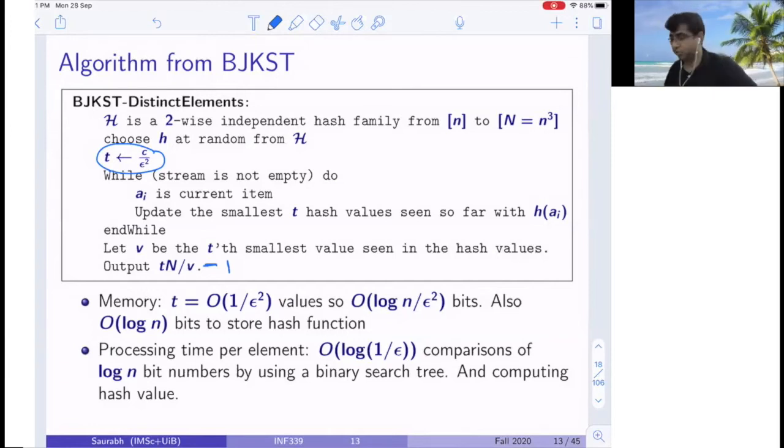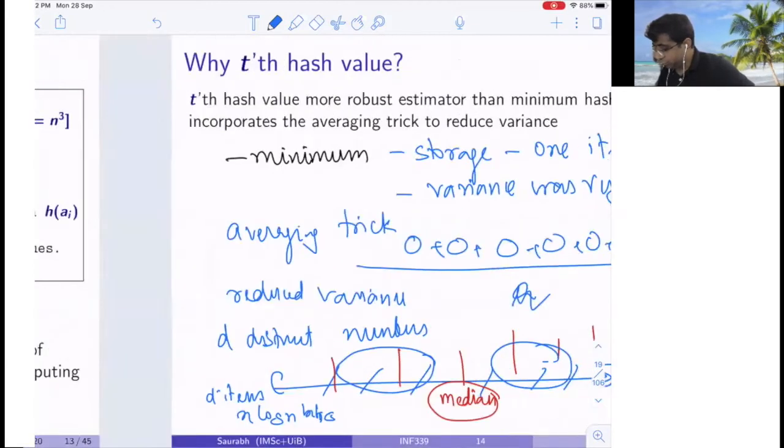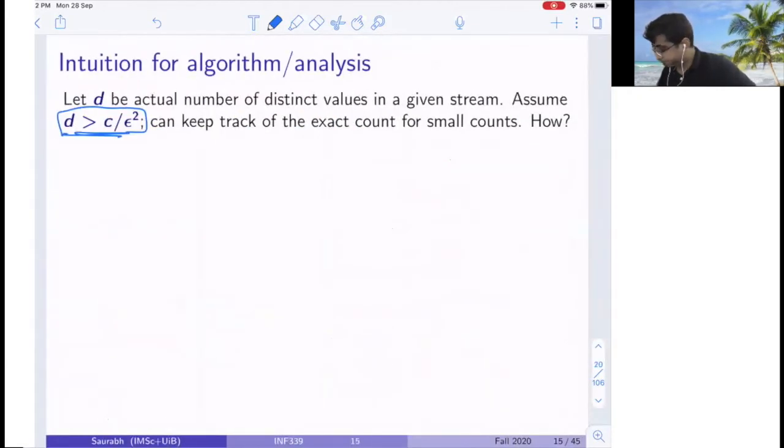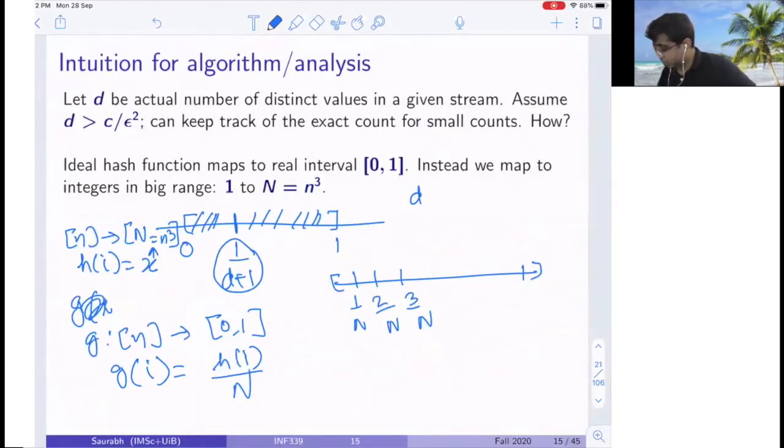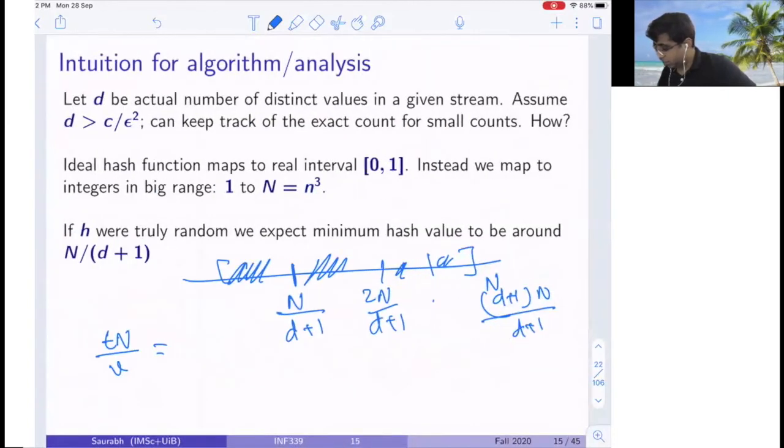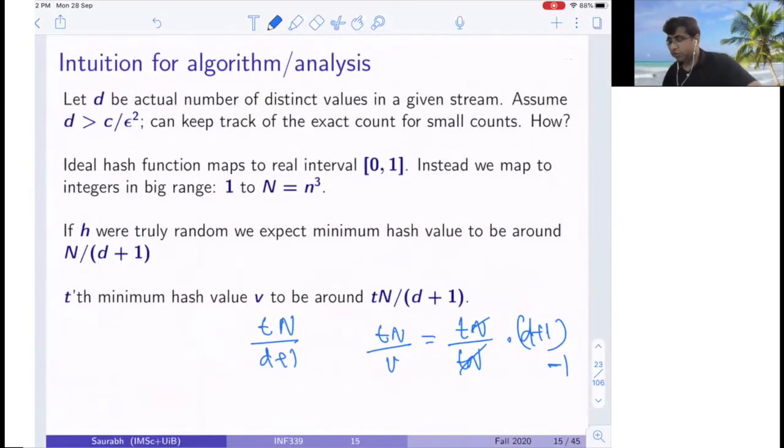That is why we didn't do this. So we expect the minimum hash value V to be around tn by d plus 1, and hence we are doing what we are doing in the algorithm.